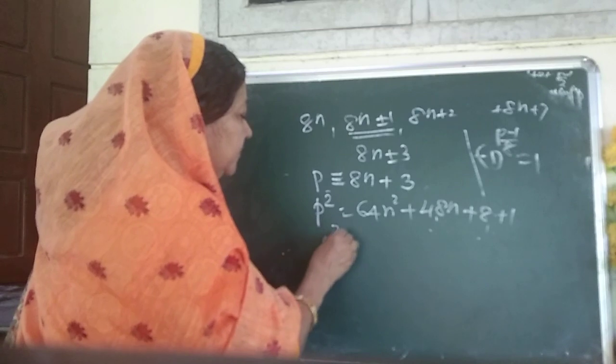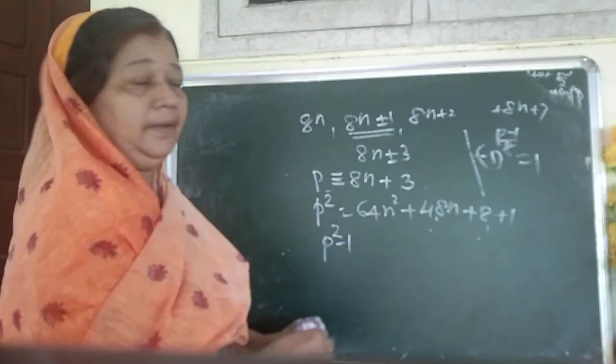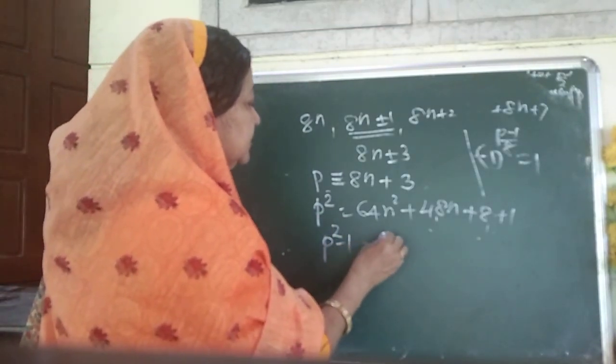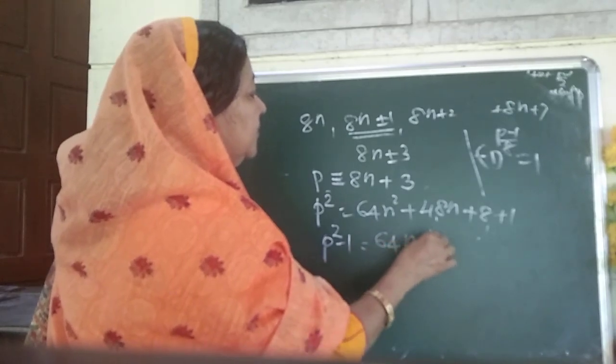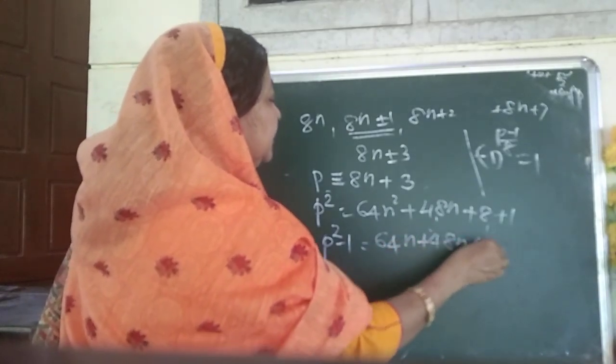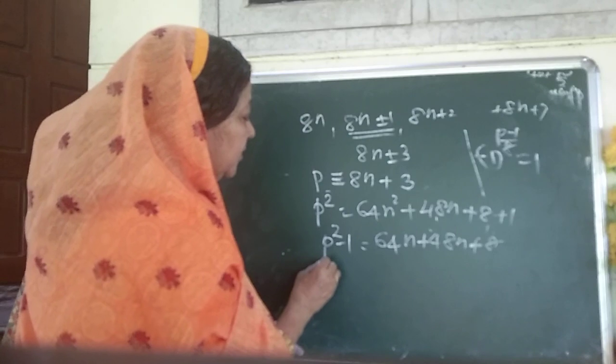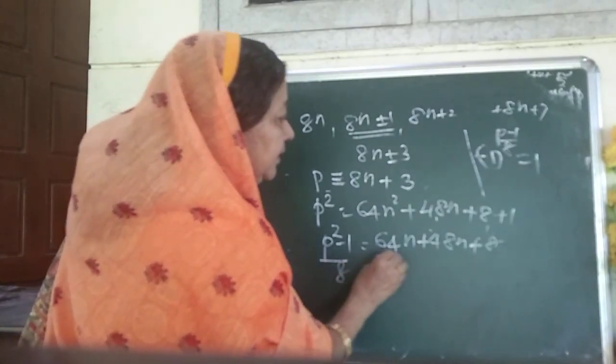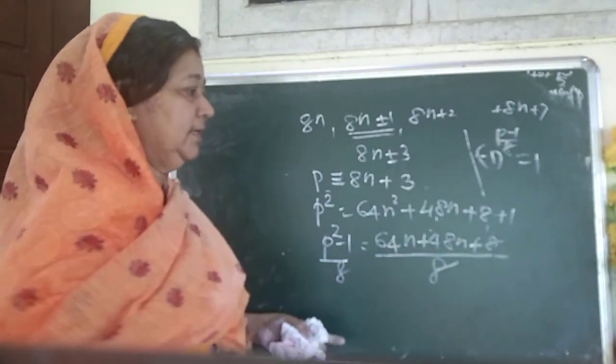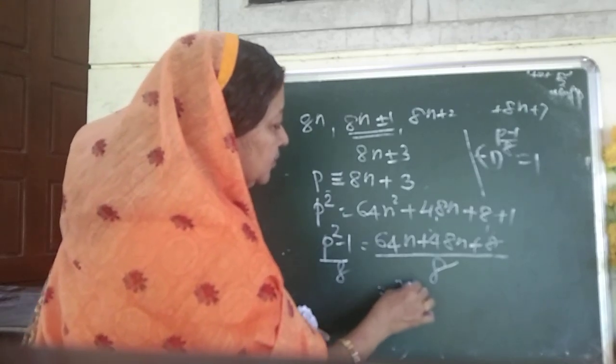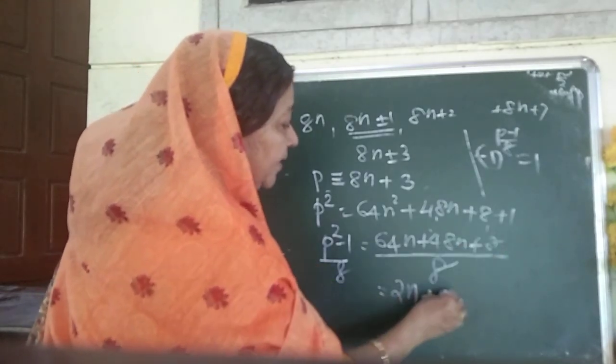Therefore, p squared minus 1 is a multiple of 64n² plus 48n plus 8. Therefore, (p² minus 1)/8 is a multiple of 2n plus 1, that is, an odd number.